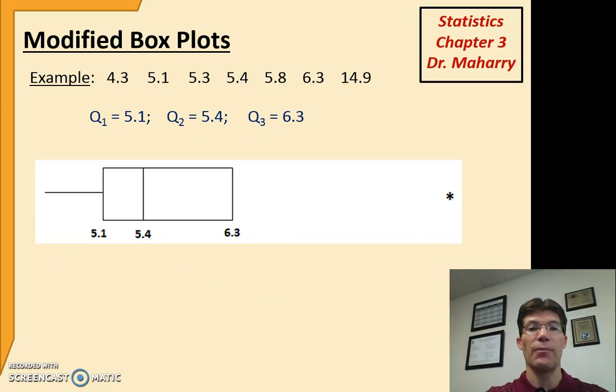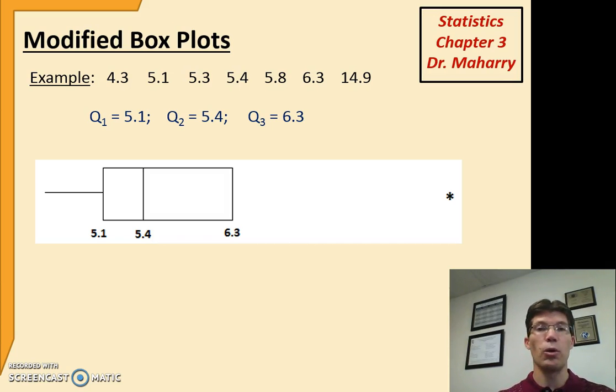So our box plot here would look something like this. Notice my box: I have my lower quartile, my upper quartile, and then the median. But my maximum value I've pulled out with an asterisk, because that 14.9 is an outlier. On the other end, we still have 4.3 as our minimum value. This would be a modified box plot. If I had just drawn a line out to that asterisk, it would be a regular box plot.